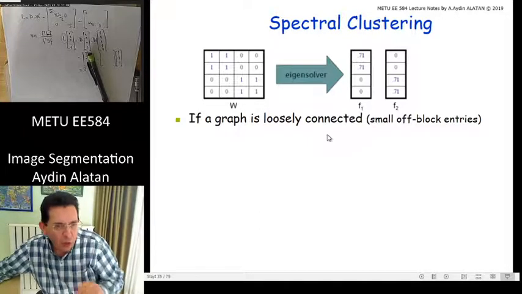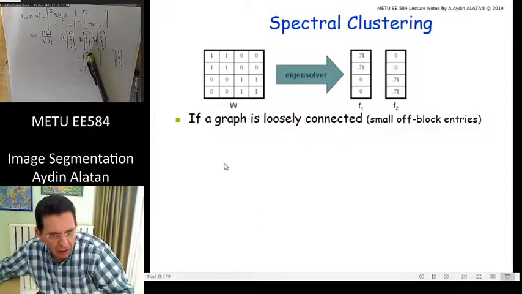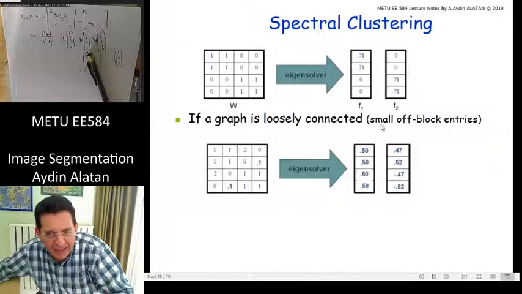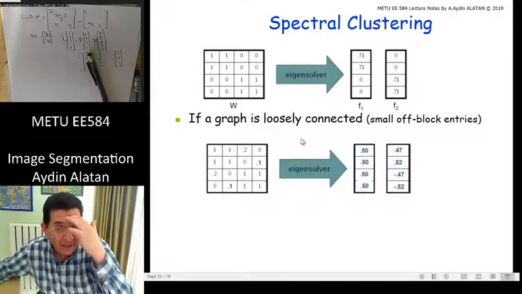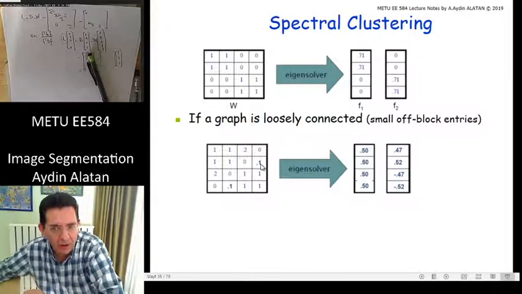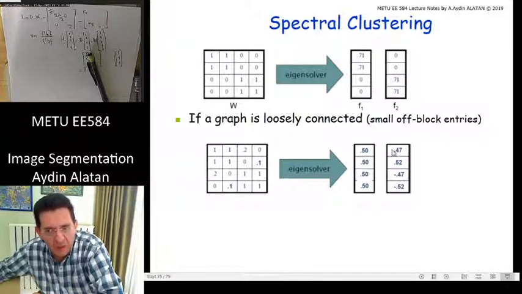If it is loosely connected, 2 clusters with some very small off-block entries like 0.2, 0.1, your eigenanalysis will not give you this exactly. But look at the result. Positive, positive for the first vector, these two, 0.5, 0.52.